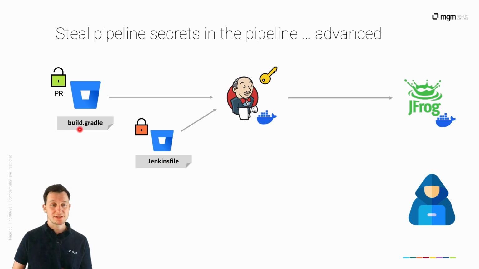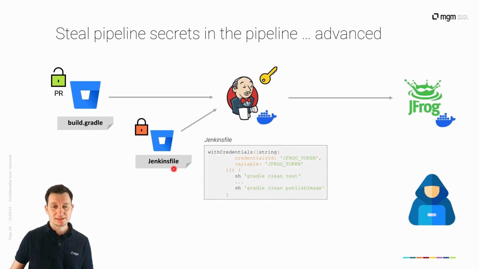So if this is the case here in this project, then it means, yeah, you cannot overwrite the Jenkinsfile, but maybe in the Jenkinsfile it is the case that you have a withCredentials environment around a Gradle clean test here. And you get the JFrog token also in the Gradle clean test step.